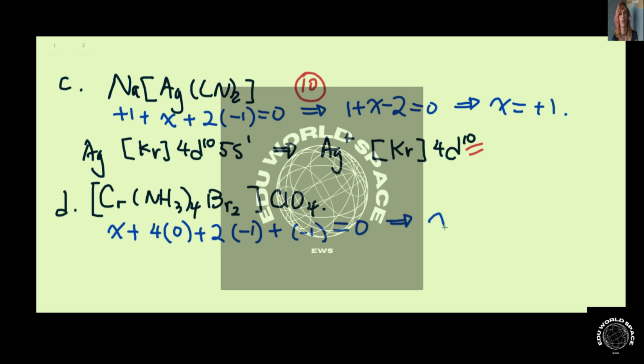So we get X equal to +3. So the oxidation state for chromium is +3.